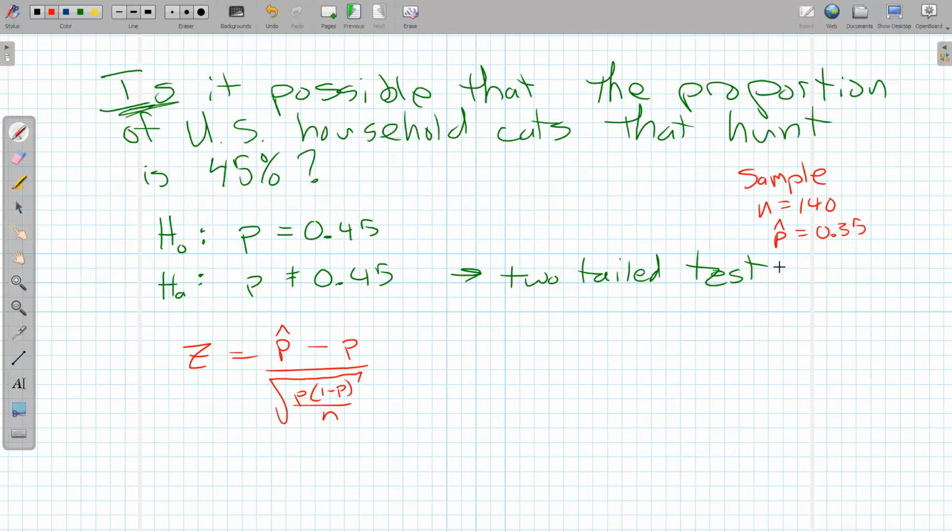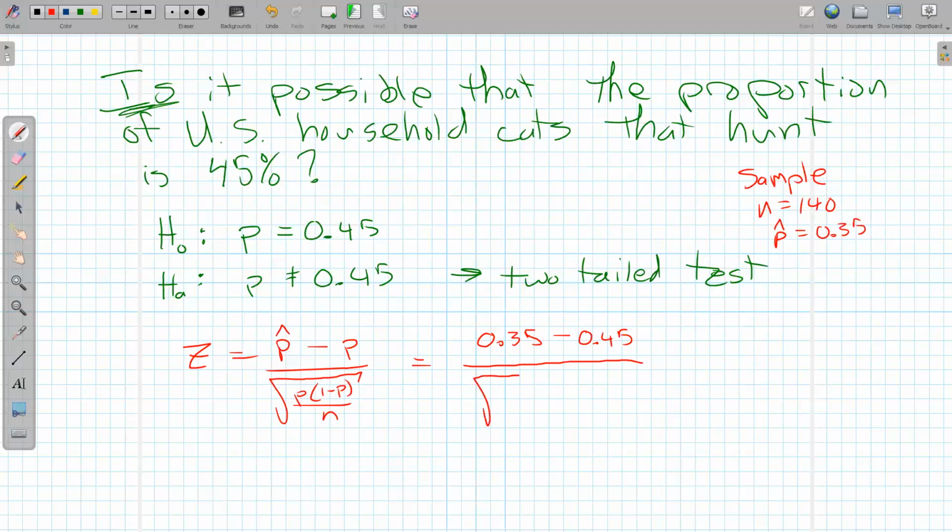So p-hat from the sample, 0.35. p from the null, 0.45, 45%. To calculate the standard error in the denominator, I have to go back to the hypothesis test, not the sample. So this is a slightly different procedure than a confidence interval.